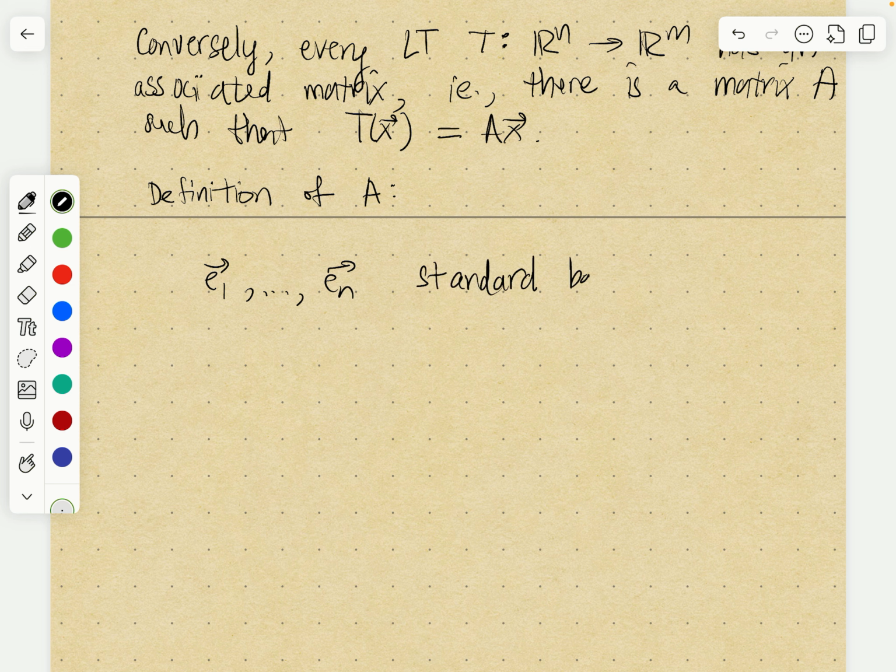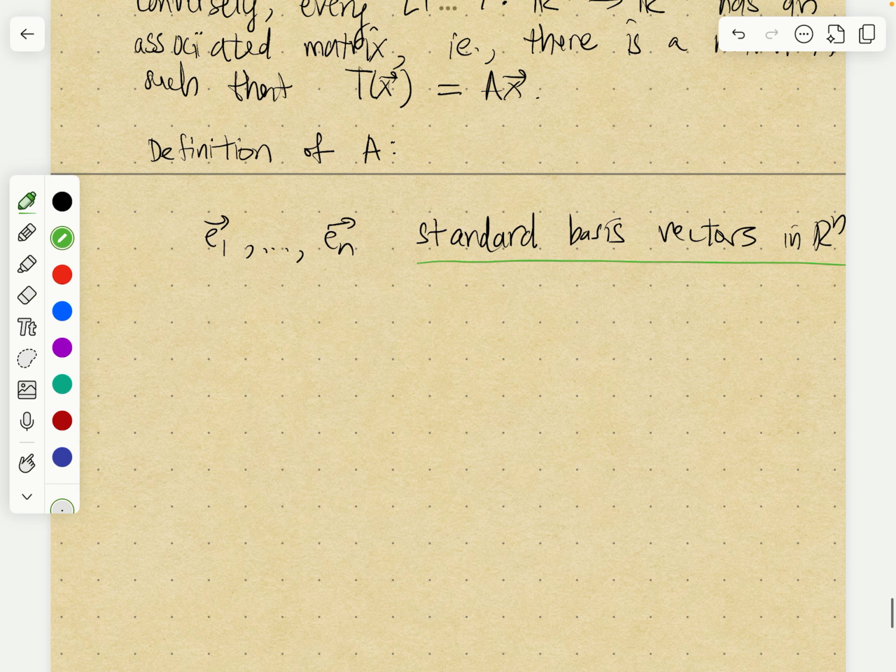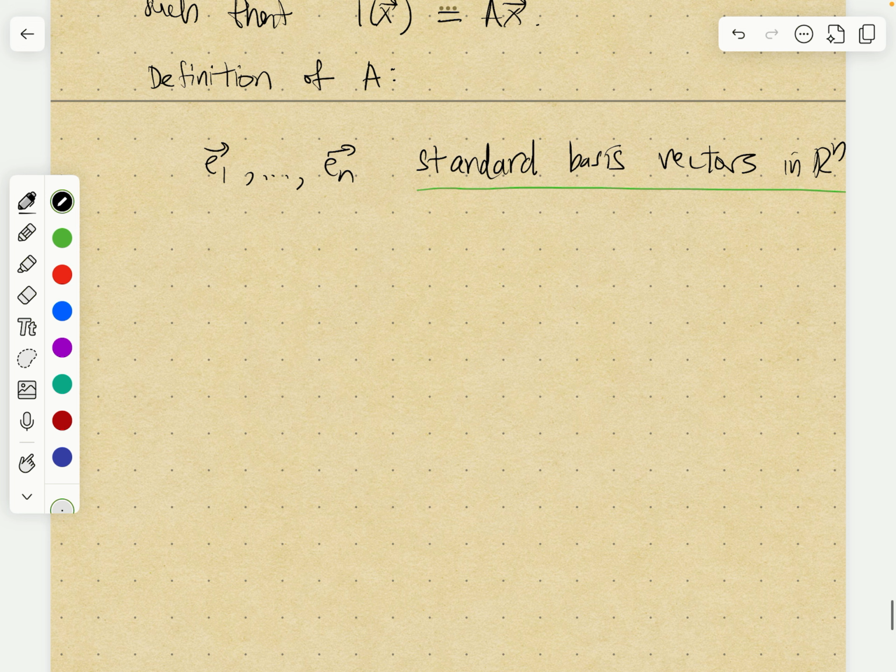Maybe I just didn't give it the name. We'll define A after I tell you what the standard basis vectors are.